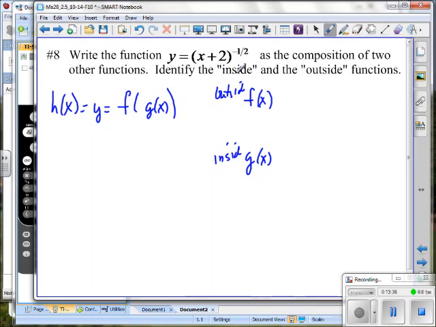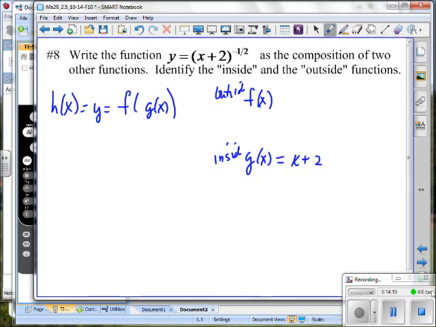Now, here's the first key. If I told you x equals 3, what's the first thing you would take care of to come up with a value for y? What would you do, Hema? Yeah, I would first of all find 3 plus 2. Okay? That's the first thing I would do. So that makes g of x equal to x plus 2.